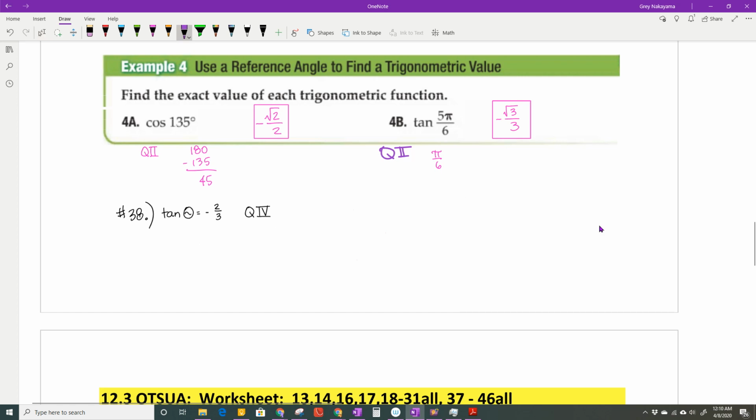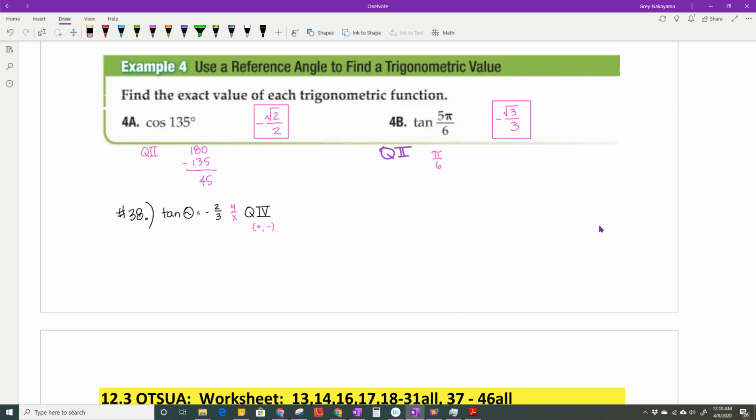So if the tangent of the angle is negative 2/3, and it is in quadrant 4, the negative 2/3 is basically telling me, in terms of x, y, and r, that it is y over x. Quadrant 4, I know that the first number is positive and the second number is negative. That's why my tangent is negative.